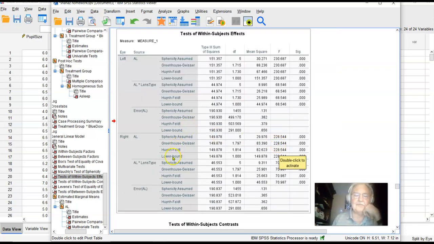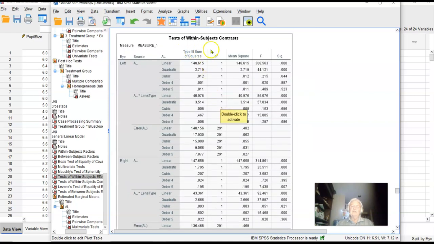And we have the interaction between axial length and lens type as well. That also is significant. So for the axial length by year, the amount of difference for each one depended on which lens type you were.